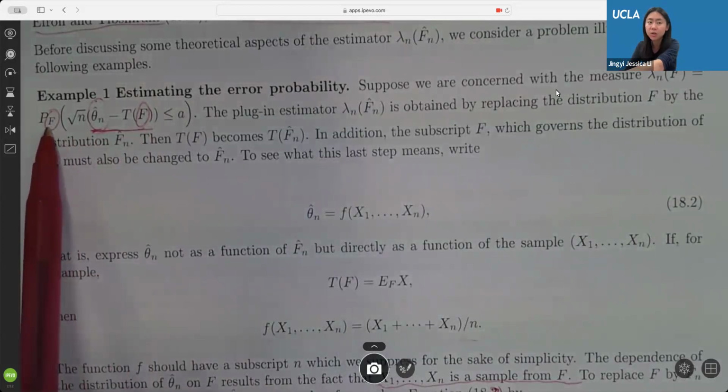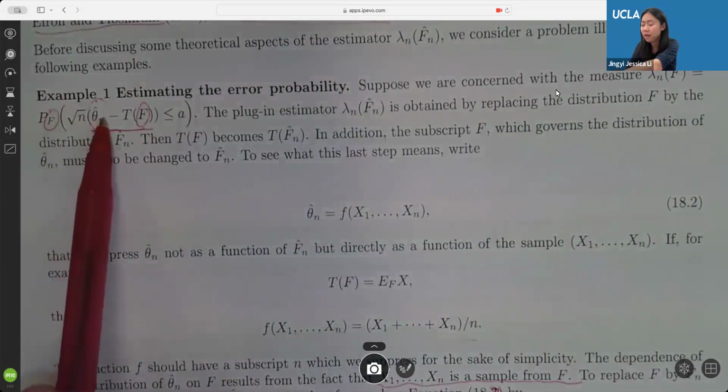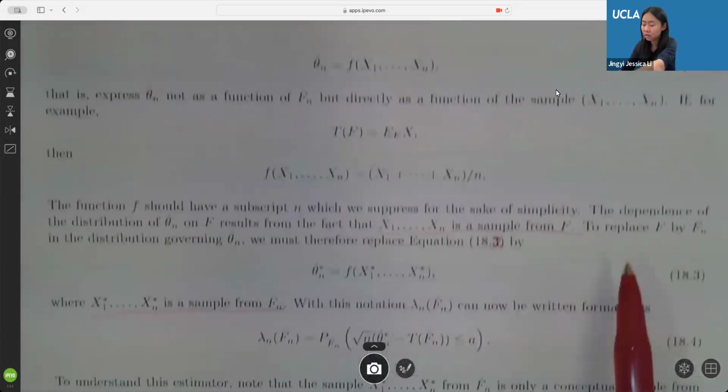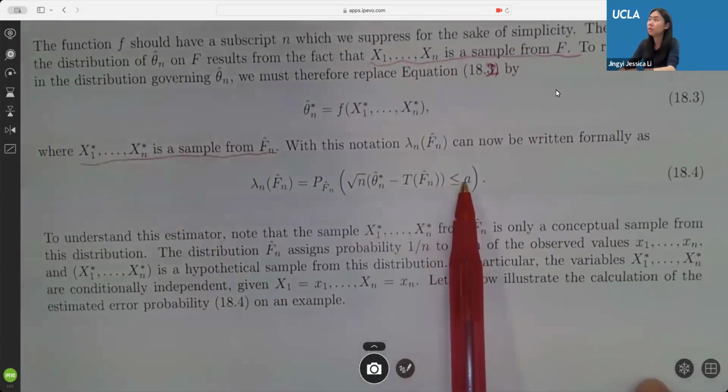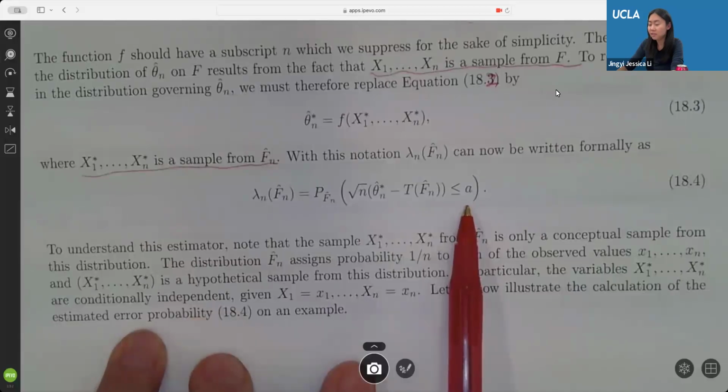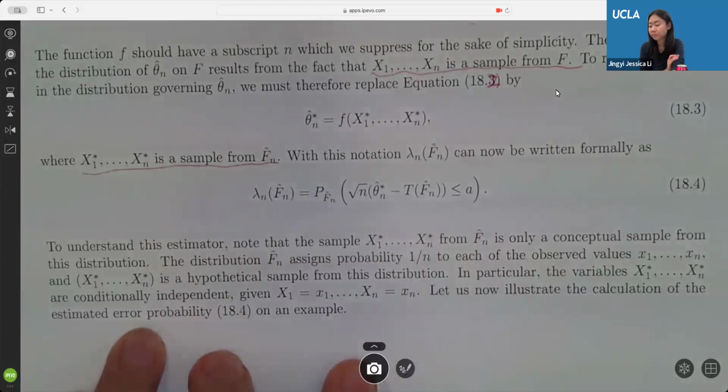So the probability will be under the empirical CDF, and theta_n hat will be constructed from a hypothetical sample from F_n hat. That's what we get here. So that's actually the foundation of Bootstrap: plug in. Replace everything related to F in the performance measure by F_n hat.